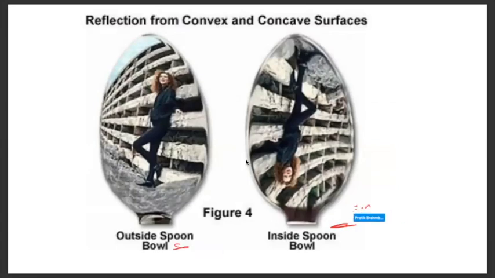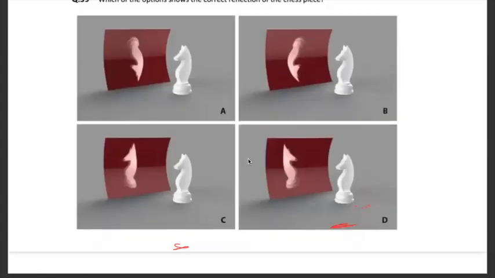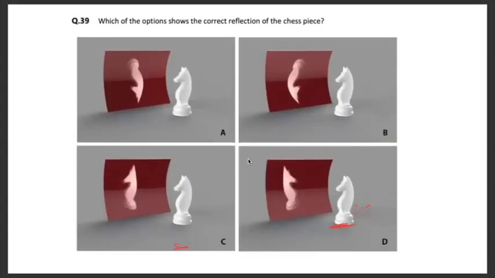The inside of the spoon is exactly how the current curvature is shown. This is the inside of the spoon and this is the outside part of the spoon. The reflection of the inside of the spoon will look just like what you see here. Which means the object won't be rotated, but only its inverted version will be seen.